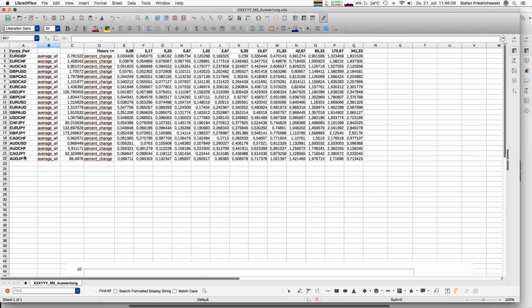So that's quite interesting. By the way, the main currency pair is more or less in the middle of all those underlyings.